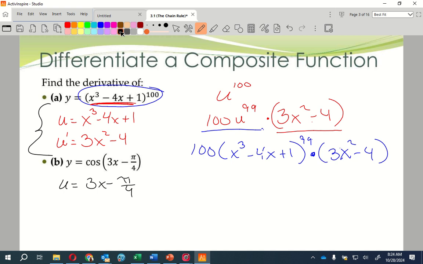Very good. U prime is going to be 3. So rewrite it now with my u. So that's going to be cosine of what?